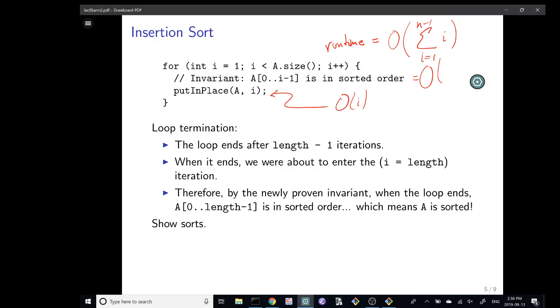And that is going to be something like n times n minus 1 over 2, which is big O of n squared. So it's the same running time as we had for selection sort.